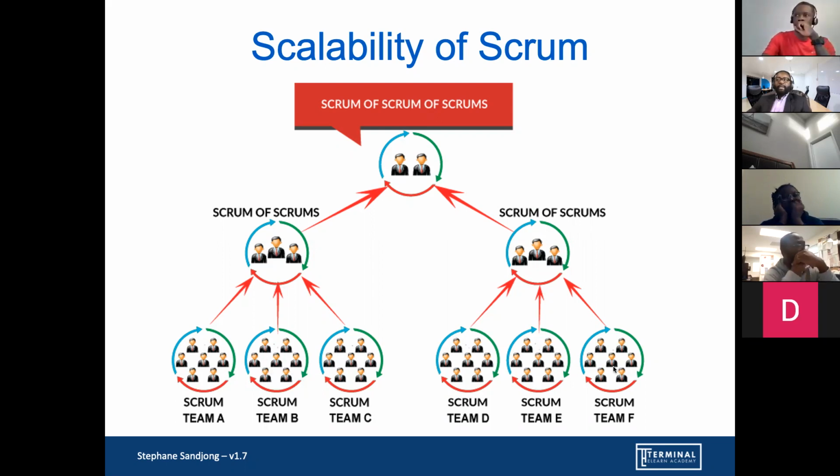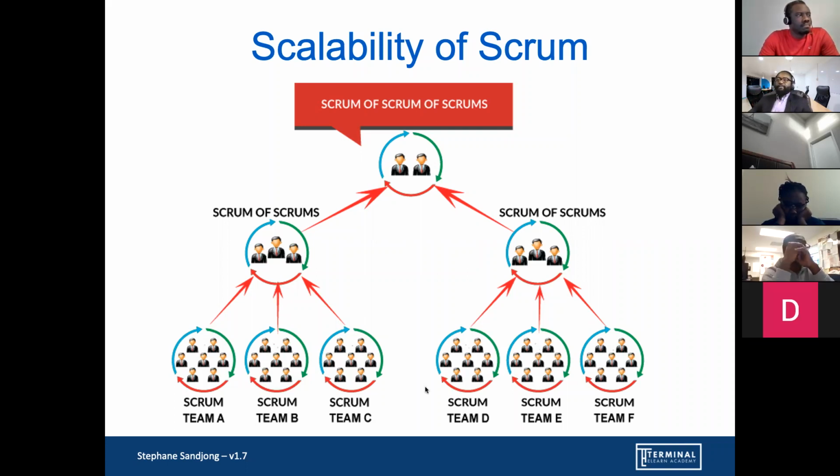And all those teams have to work on the same product or on the same project, okay? Let's say it is a company's level initiative, right? The project is at the company level, and all the teams are going to be working on the same project toward the same goal, same product goal, okay?